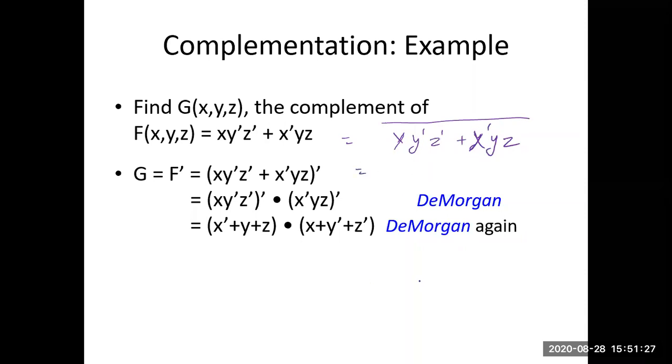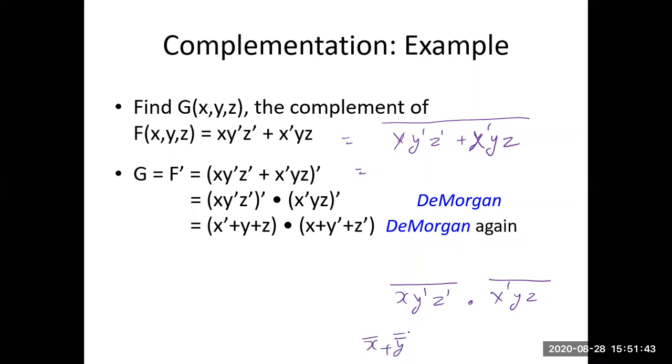If you break it, you will end up with the complement of x y bar z bar, dot, the complement of x bar y z. Breaking this individually, you end up with x bar plus y plus z bar... dot x plus y bar plus z bar. If I take the complement two times, the function will be as it is.